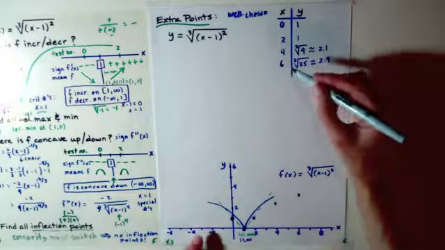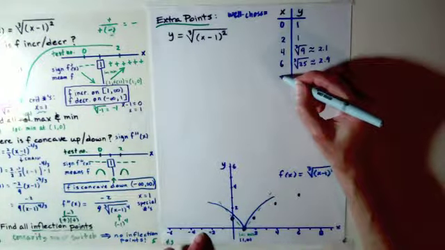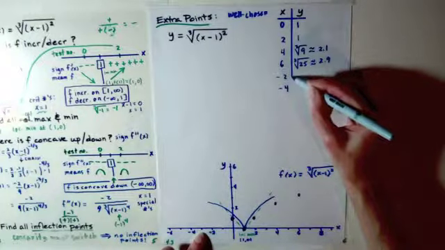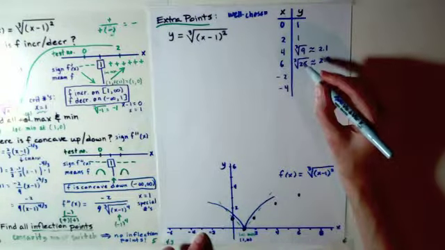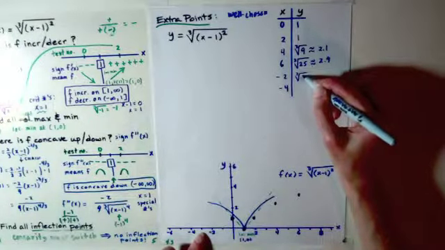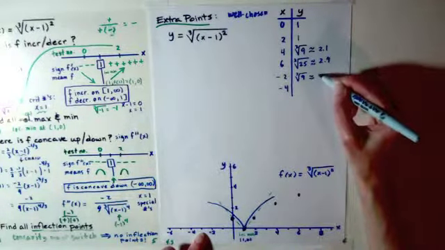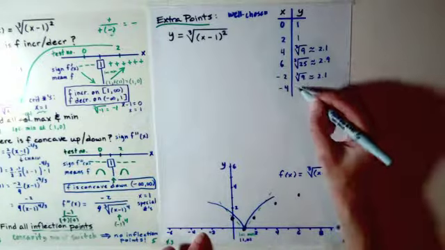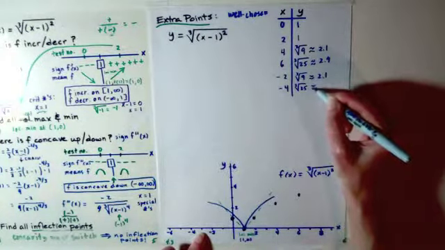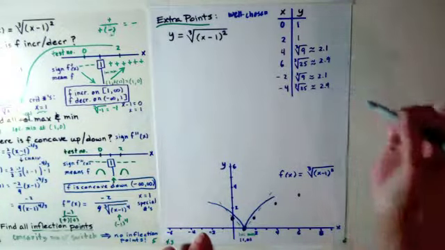And I think I also put in the values -2 and -4. When you put in -2, you also get cube root of 9 because of that symmetry I mentioned. So you get an output of about 2.1. And when you put in -4, you also get cube root of 25. So you get about 2.9 as an output.